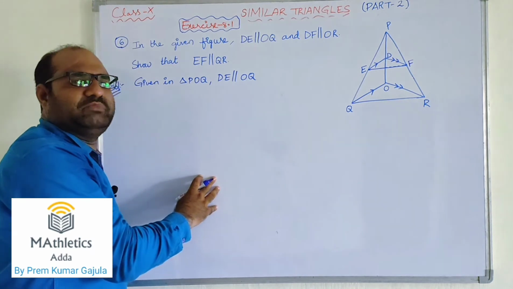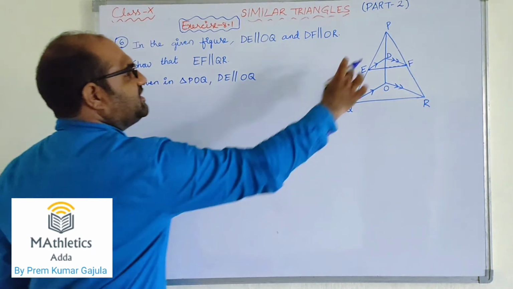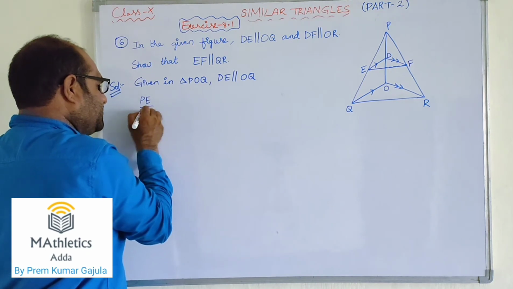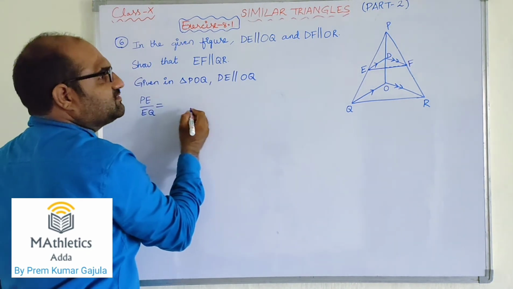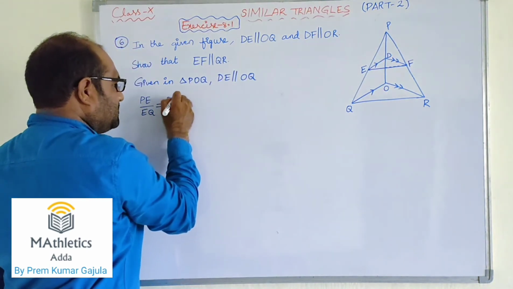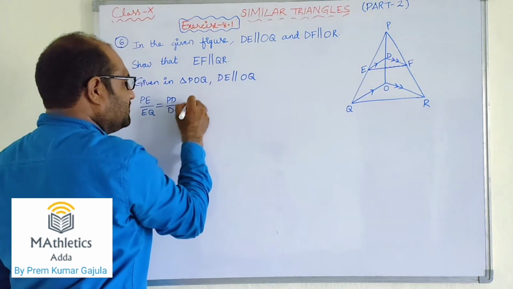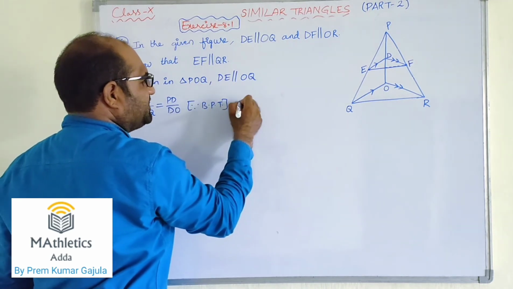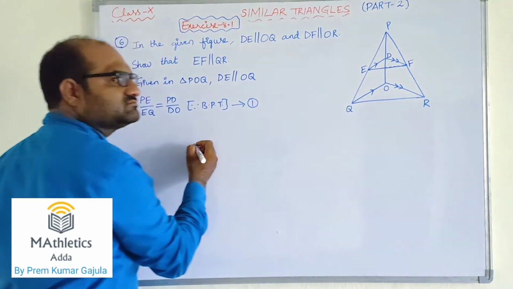That is according to BPT theorem. So what we can write? PE by EQ is equal to PD by DO, from BPT. So let it be equation number 1.